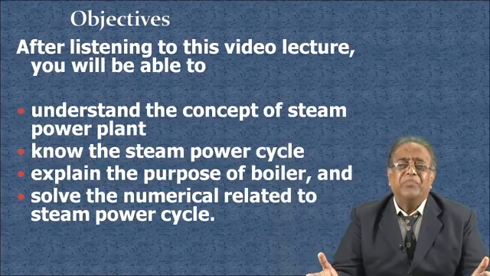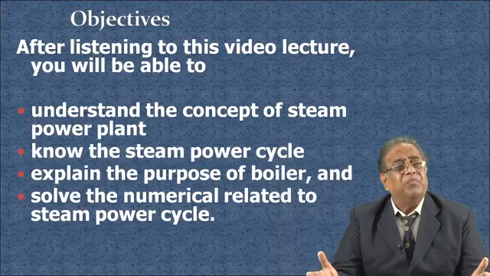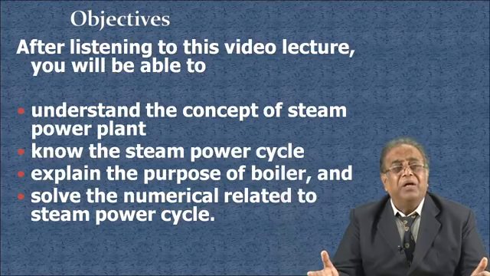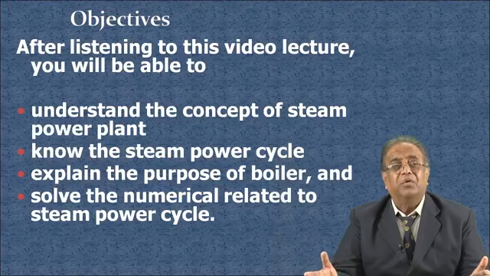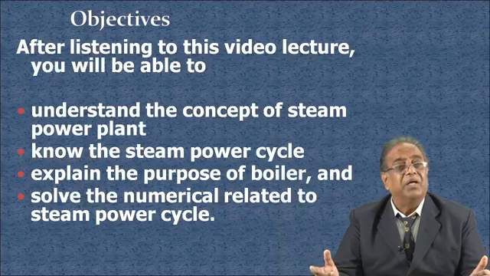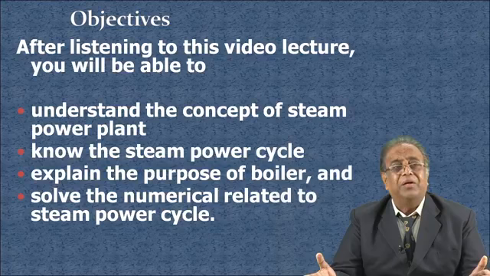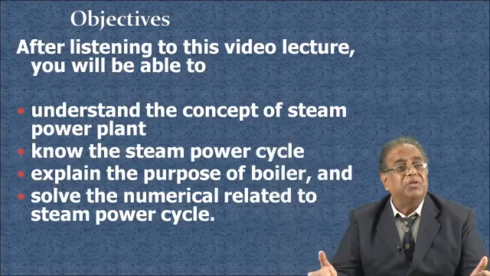The low pressure and low temperature steam coming out from the turbine will pass through the condenser where cold water is circulating, and the steam will give out its heat to the cold water. Thereby, it will be converted into water, and the pump is there to send it back to the boiler and thereby complete the whole cycle. So today in our discussion we will discuss the steam power plant.